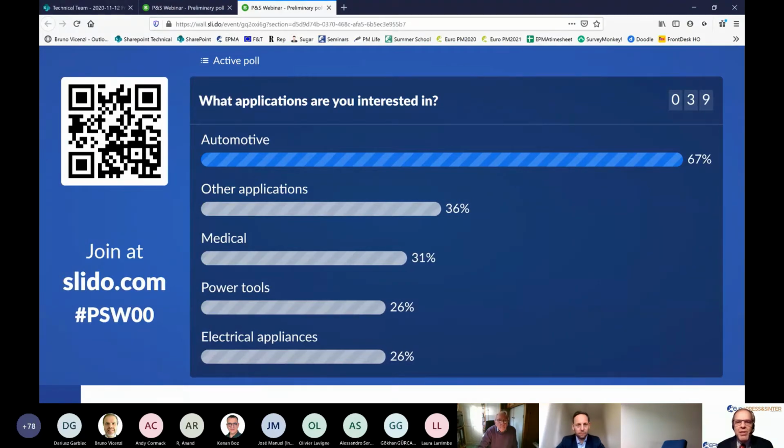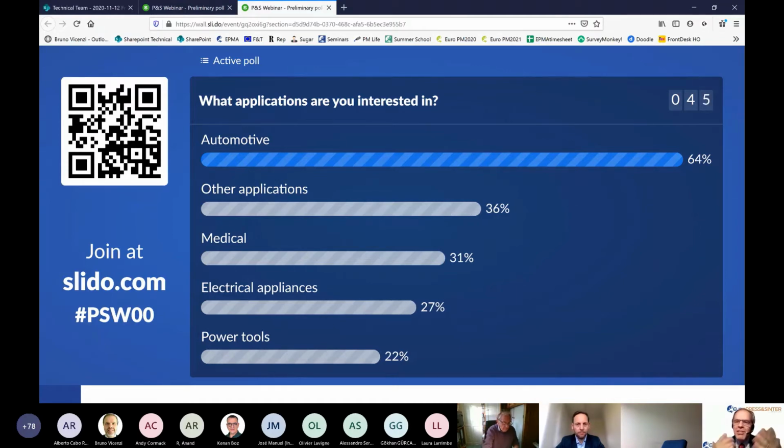So again, interesting for the speakers. It will be interesting, of course, to learn what are the other applications, but alas, we have no time to go in that detail. Still, it's interesting, and well, it's not just automotive, as sometimes people think. Present sinter is okay, of course, mainly automotive, but it's not just automotive.